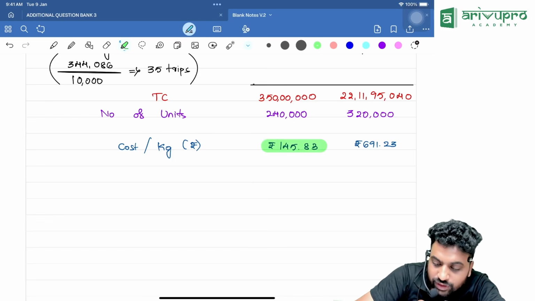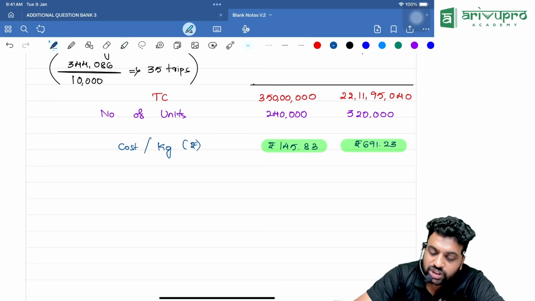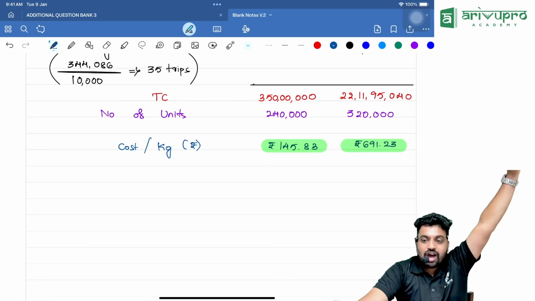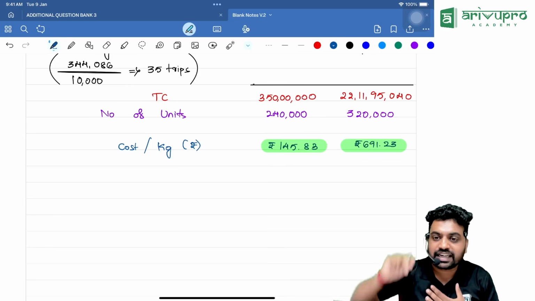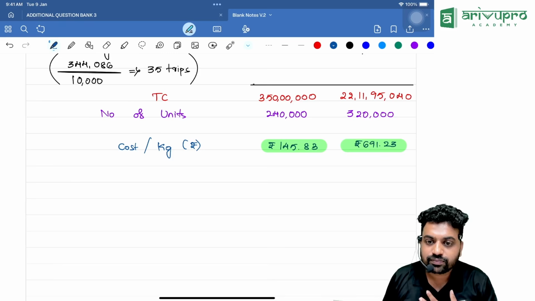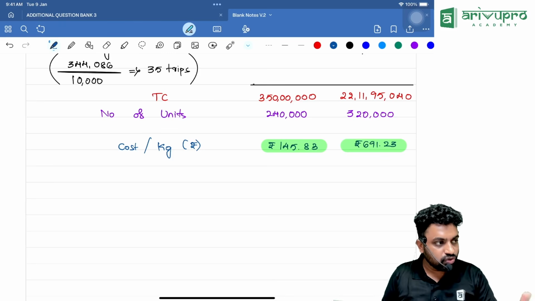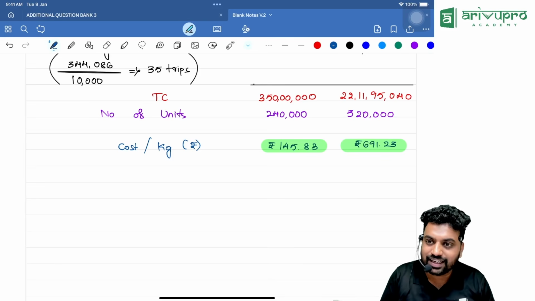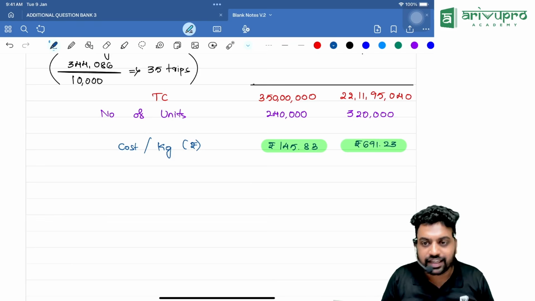Sir, now carrying cost should be calculated on what, sir? Carrying cost, of course, you should calculate on the revised price. Why revised price, sir? I agree normal lost units is not there with us, but relating to that, have we taken money? Or did we tell the vendor, boss, you give 2,50,000 units, I will pay you just 2,40,000 units? Will the vendor agree?